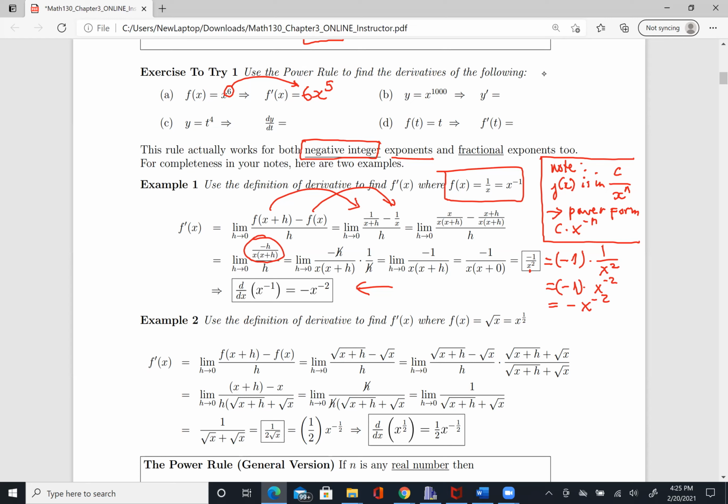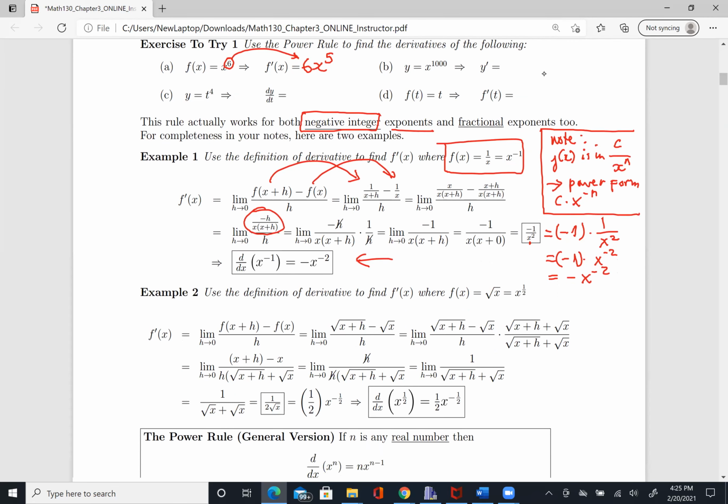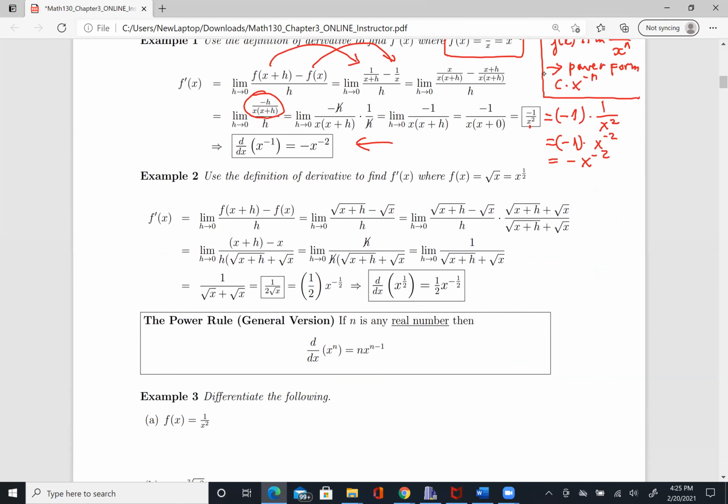Let's do example number 2. We try to use this derivative rule to take the derivative of the square root of x. In order to apply the power rule, I need to convert this square root to a power.